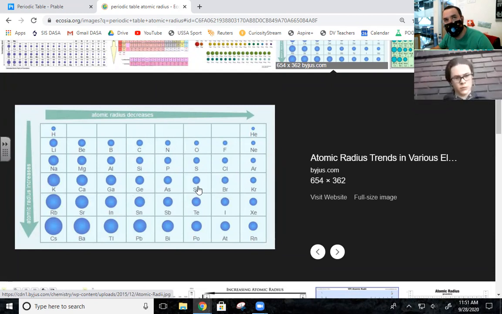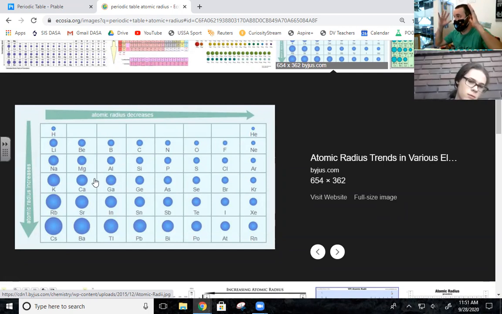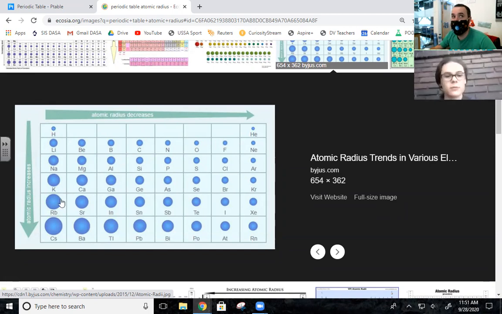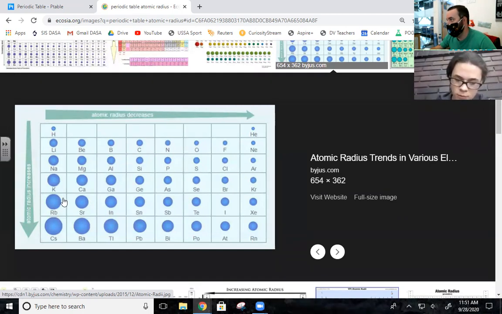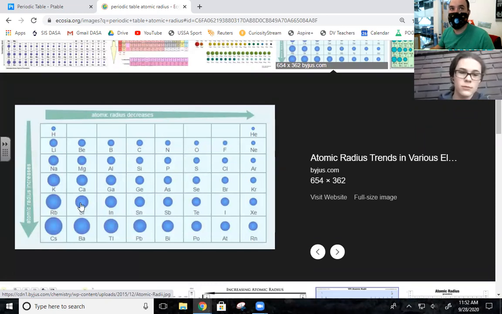They are in the same row, and therefore they have the same number of shells, right? When you add another shell, so when you go down a row, it kind of resets. Does that make sense? And this is why the periodic table has the columns and rows that it does. So strontium has a larger atomic radius than iodine.